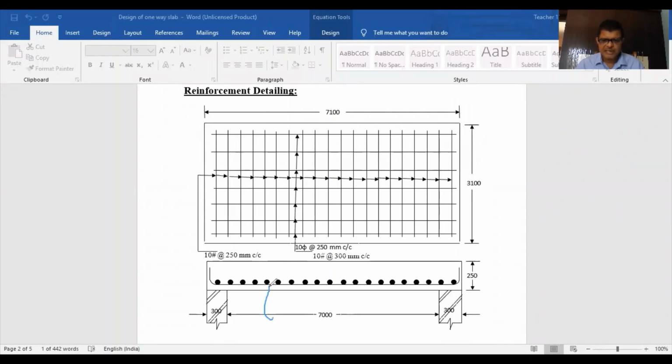The other is the distribution steel, that will be 10 phi at 300 center to center. This is the detailing of the reinforcements. You can also see the detailing of reinforcement again in SP34. So with this, we conclude the design of one-way slabs, and have a nice day.